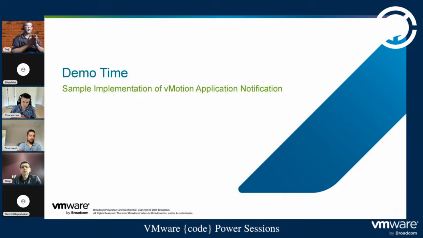What you do with it depends on your use cases. Most applications, most VMs will not need vMotion application notification. And this is why, as Oleg and Ellen mentioned, it's not enabled by default. You have to take proactive action to selectively enable this for your workload.